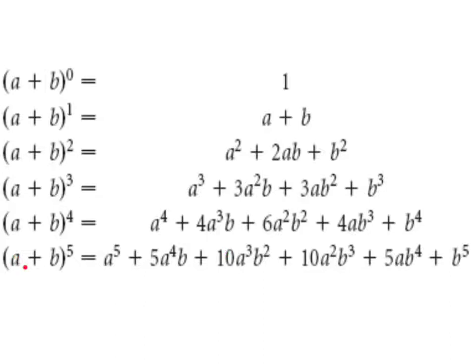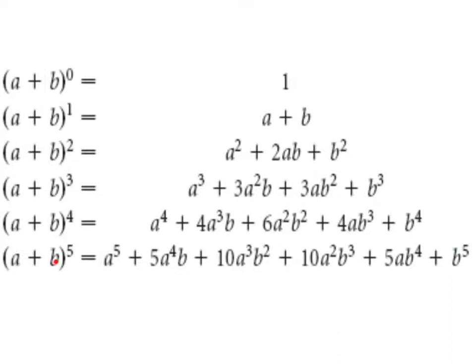So maybe he doesn't really have to FOIL this out 5 times if he already knows what those coefficients are going to be. In addition to knowing what that number is, look at what happens with the other terms. When you take this term, let's say to the 5th, the very first one is an a to the 5th, and then you can see the a power works its way down until it's to the 1st, and then it's to the 0 where it's actually gone.